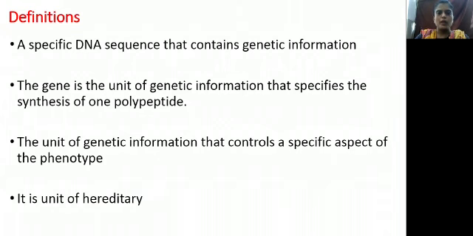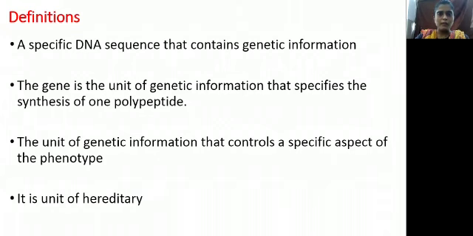Now, within DNA, at specific locus, genes are present, and that gene has information in it, information of proteins. So that gene codes for particular amino acid, and amino acids combine to form polypeptide. It is the unit of genetic information that controls specific aspects of phenotype.